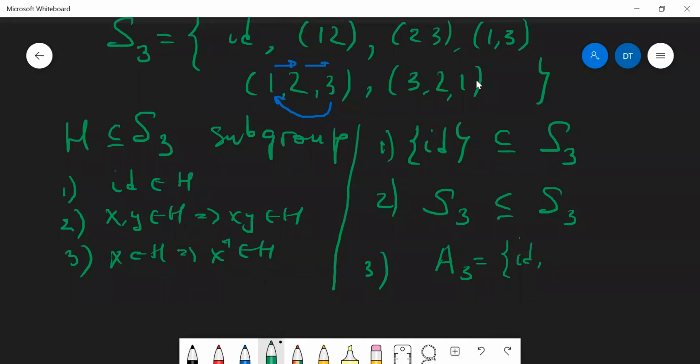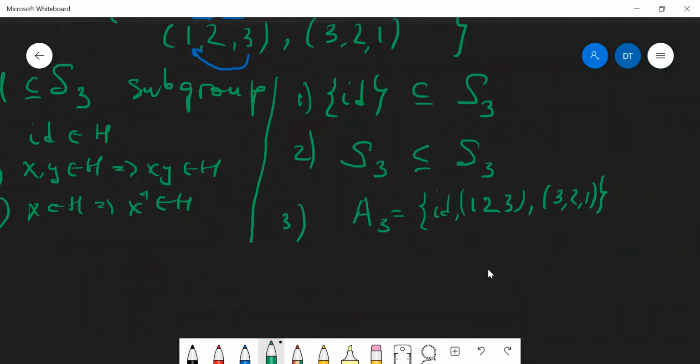And these two are actually even: the cycles 1 to 2 to 3 and 3 to 2 to 1. So even permutations consist of these 3 elements. Now, the fourth example was ID and (1 2).